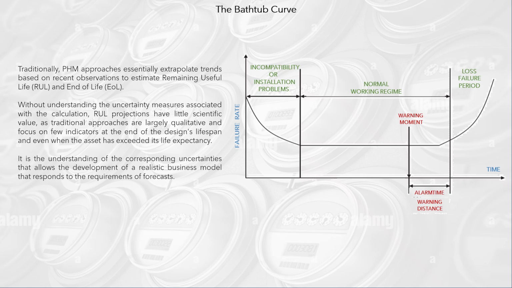Without understanding the uncertainty measures associated with the calculation, RUL projections have little scientific value, as traditional approaches are largely qualitative and focus on few indicators at the end of the design's lifespan and even when the asset has exceeded its life expectancy. It is the understanding of the corresponding uncertainties that allows the development of a realistic business model that responds to the requirements of forecasts.